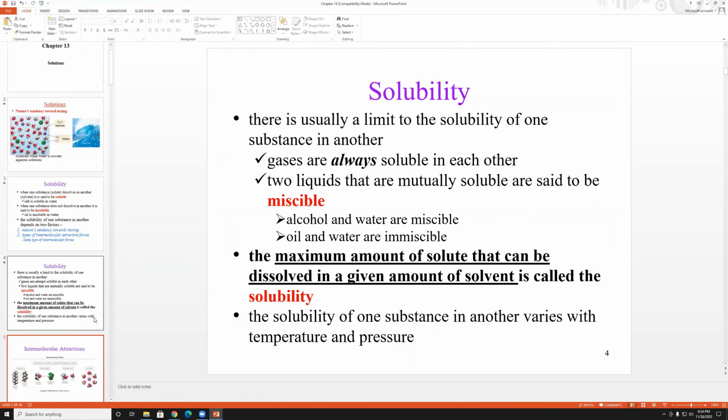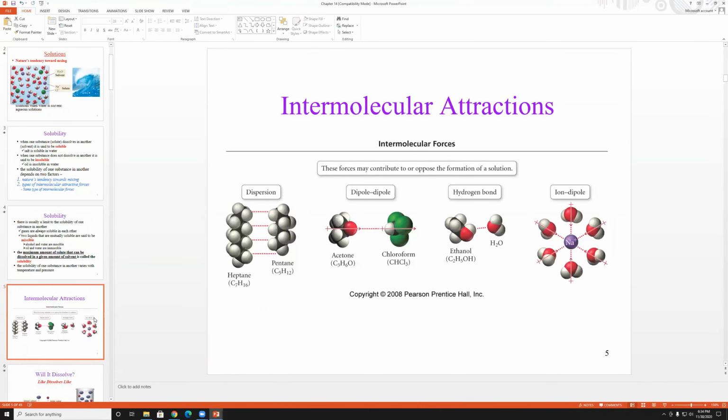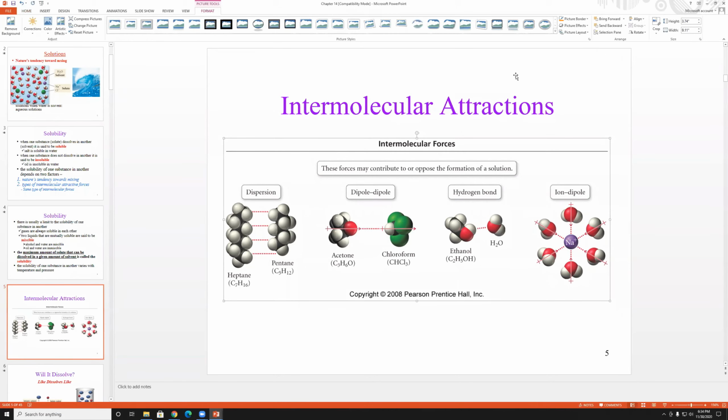It's a threshold. And intermolecular forces, just to remind you from last time, you have dispersion forces between the nonpolar molecules, dipole-dipole between 2 that are more polar, hydrogen bond between the hydrogen and the very electronegative atom of another molecule, such as oxygen, nitrogen, chlorine. And then you have the ion dipole.